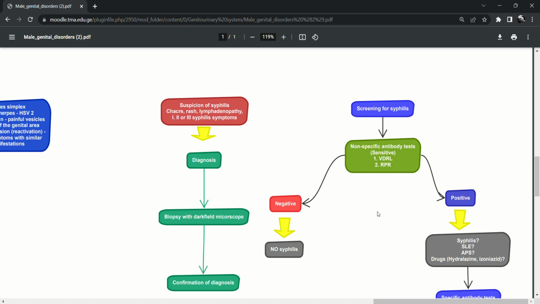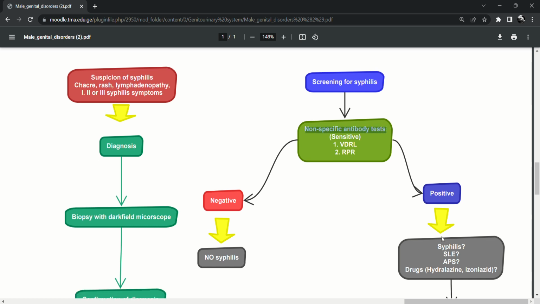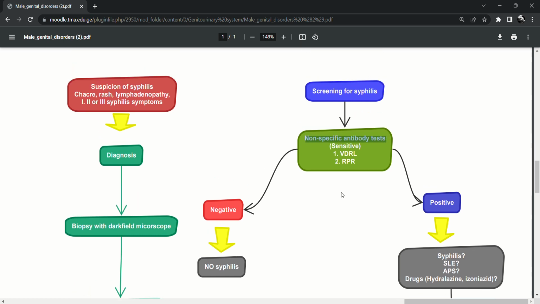For screening with syphilis, we have two types of screening methods. One is non-specific antibody tests, and we have specific antibodies against the specific syphilitic proteins of the treponema spirochete.